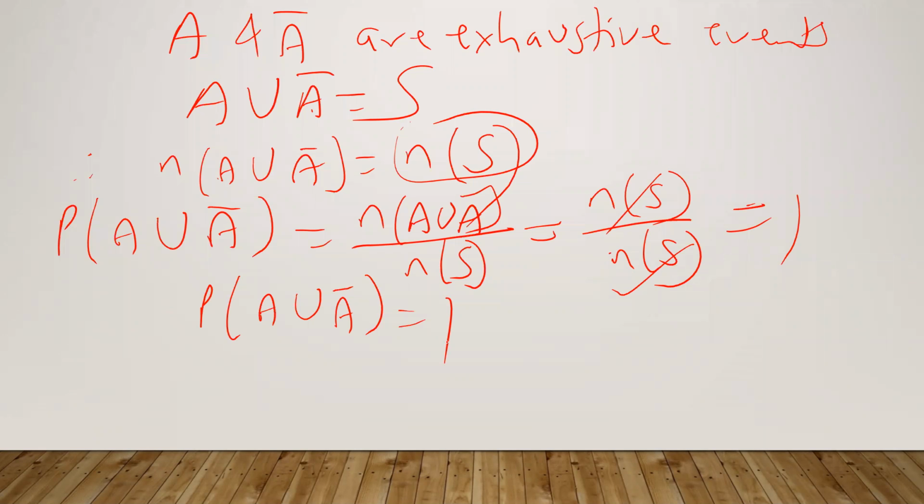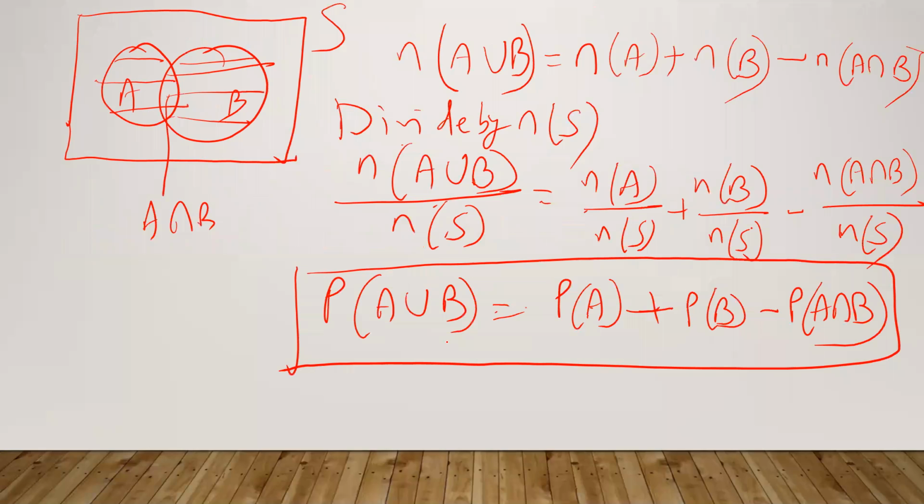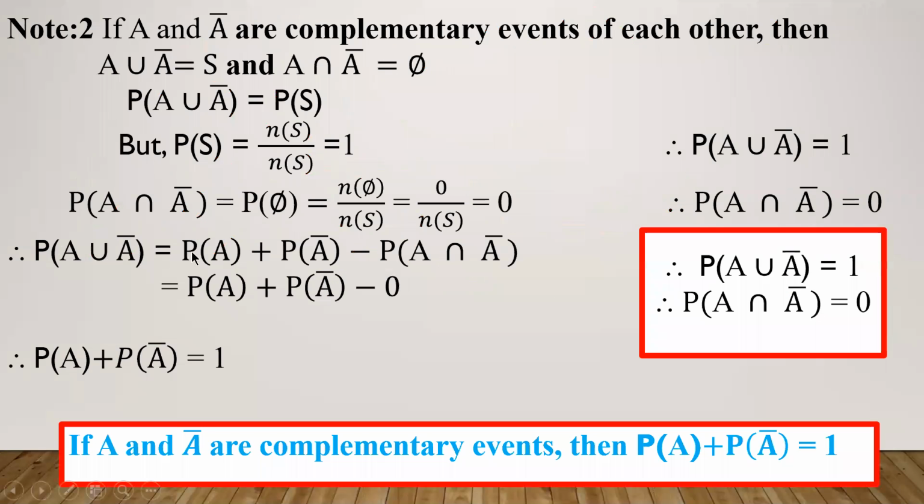But what is the probability of A union A complement according to my theorem? It is the probability of A plus the probability of A complement minus the probability of A intersection A complement. Because they are mutually exclusive, this intersection probability is 0. So you get the probability of A plus the probability of A complement only.